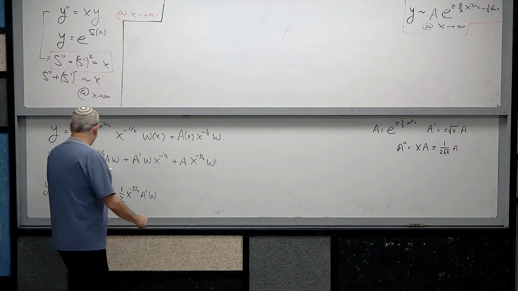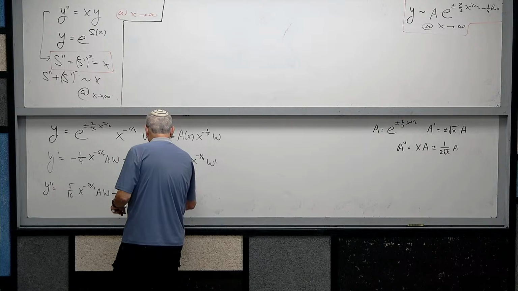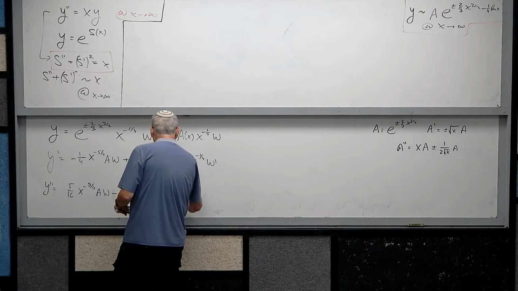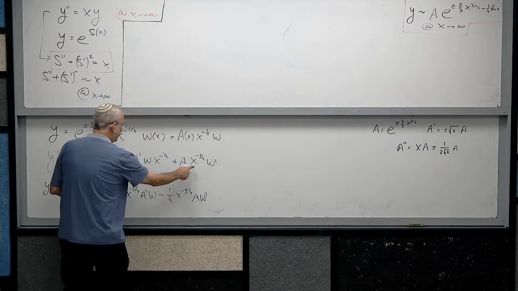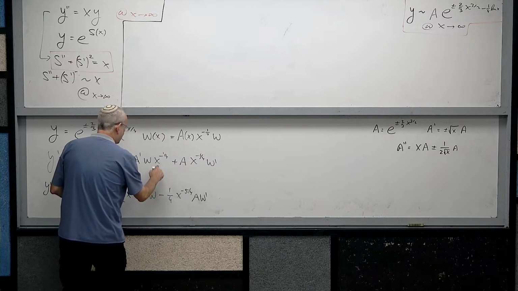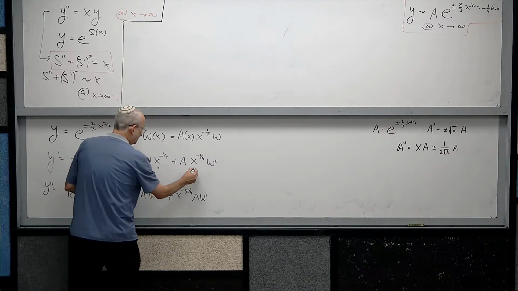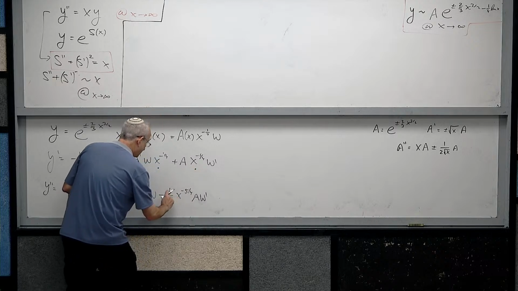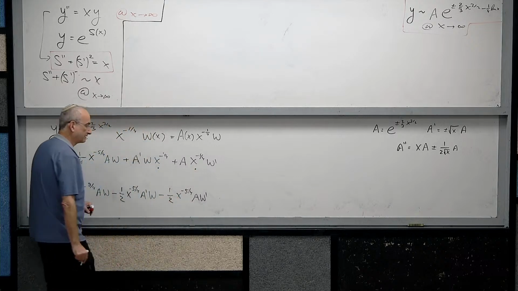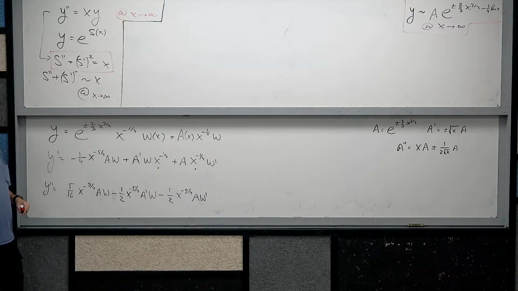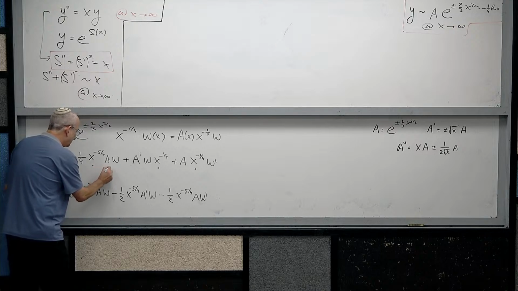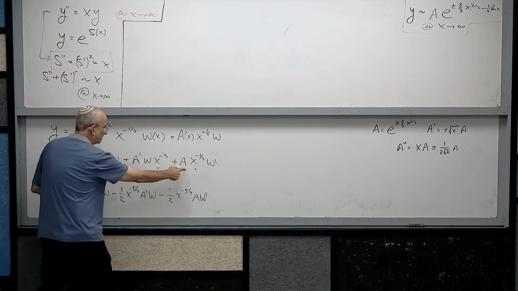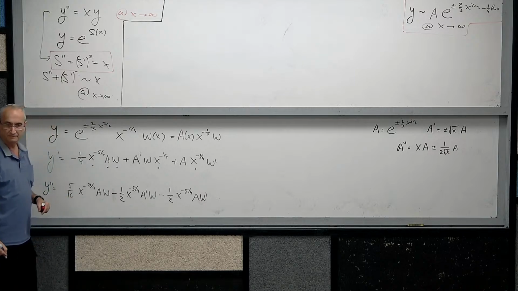Then I have minus 1/4 x to the minus 5/4 A times W prime, and again this will be included if I take the derivative here. So I have 1/2. So I take the derivative here, here, and here, and it already includes this and this term.